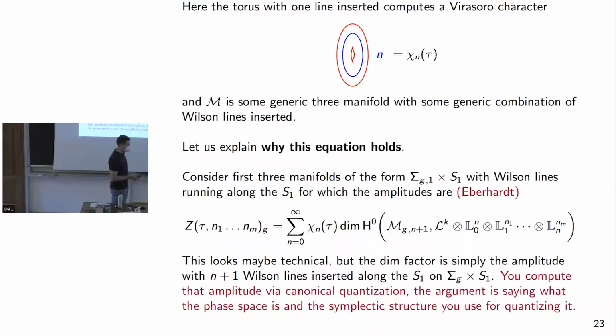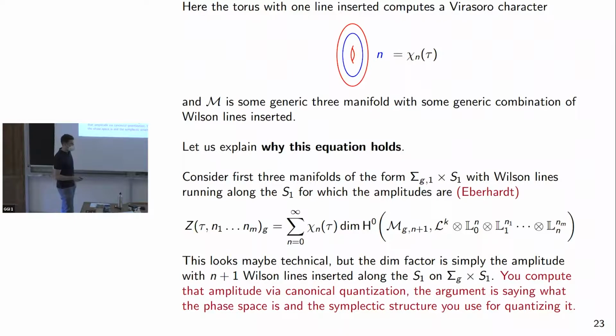Basically, let's consider first the case where the manifold is a genus g Riemann surface with a torus boundary and a U(1) symmetry, where we can have Wilson lines running along the S1. Then we have this decomposition for the amplitude that Lawrence wrote up. It looks a bit daunting, but it's really quite intuitive. This guy is just a mathematical way to tell you that you're computing the amplitudes of a manifold with the S1 symmetry with Wilson lines inserted along the S1.